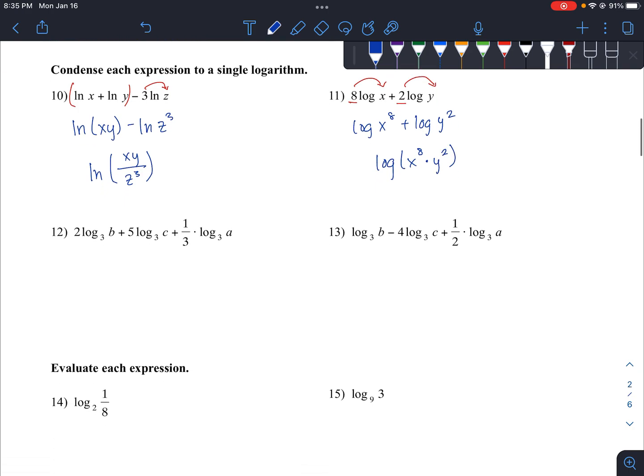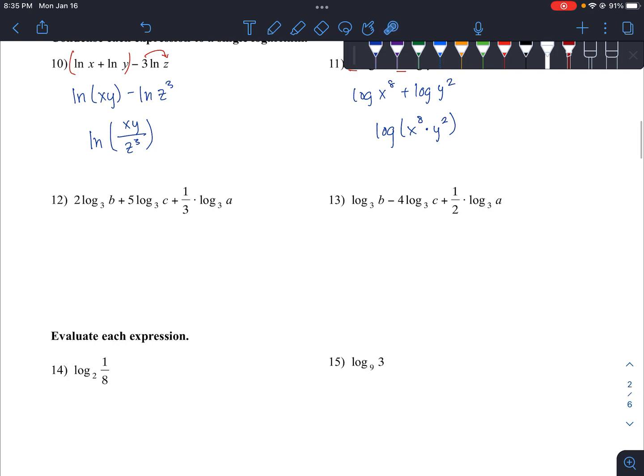And there you go. For 12, again, looking for anything that's a coefficient, I'm going to move it up as the exponents. So I'll have log base 3 of b squared plus log base 3 of c to the 5th.